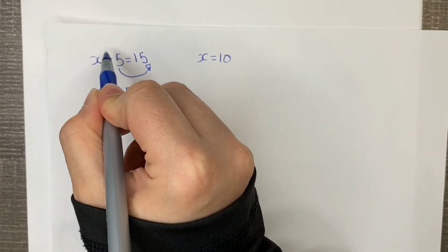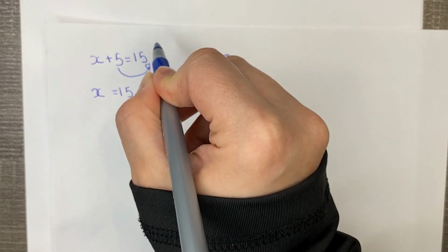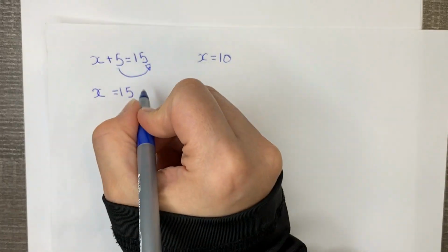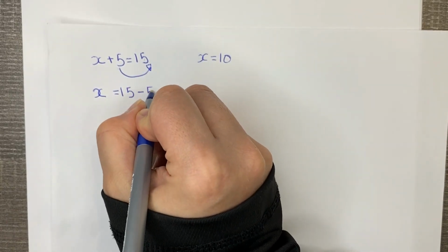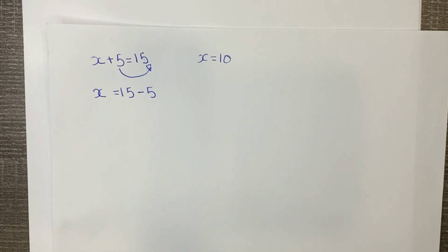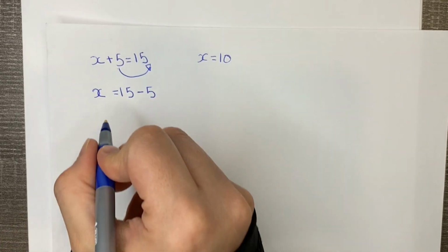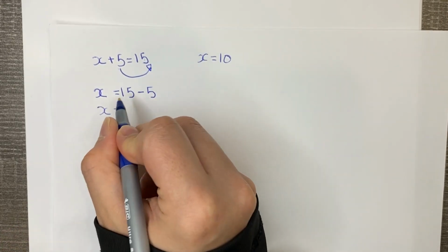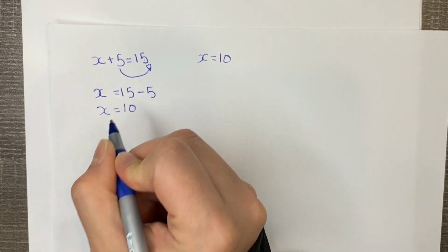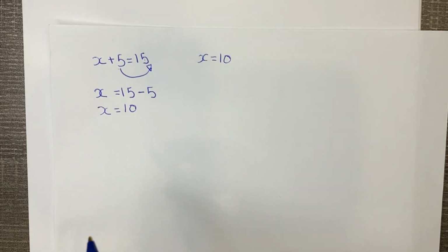And because we're moving the 5 over the bridge, over the equal sign, it's going to change its sign, and it's going to become minus 5. So you can continue solving, and it's going to be x is equal to 15 minus 5, which is 10. So the plus 5 became a minus 5.